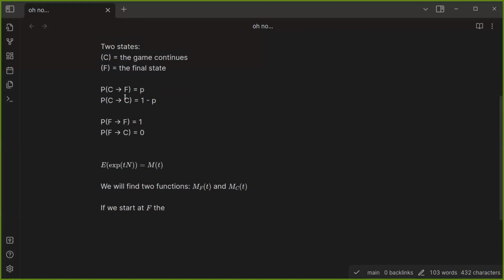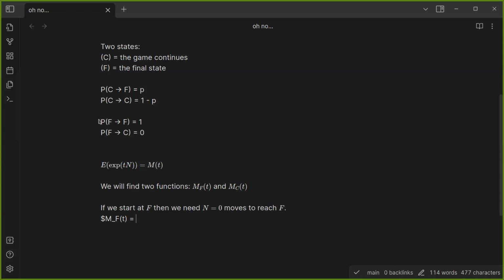If we start already at f, then we need n equal to 0 moves to reach f. Okay, so hence the first function is done.